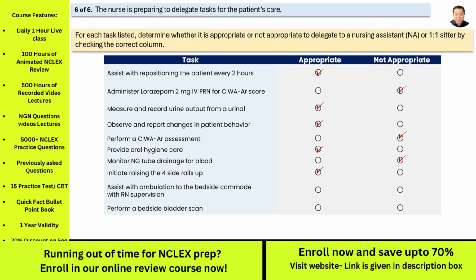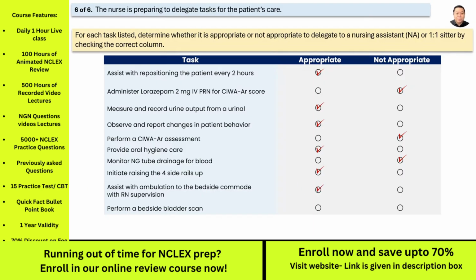And the sitter and the nursing assistants are not authorized to initiate this action independently, because this will violate the patient's rights and the facility policies regarding restraint use. So don't do that.